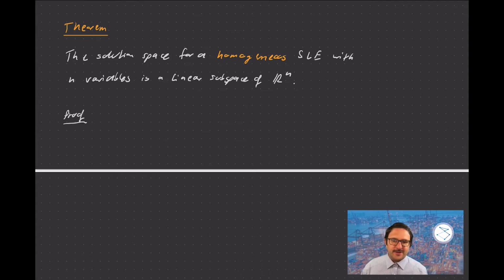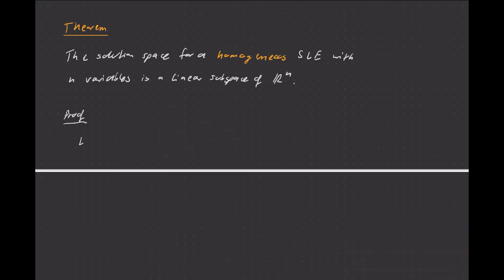And of course, I do hope that this also helps you to apply the notation and the languages of vector spaces in general a little better. So let's start with the homogeneous system of linear equations and let S be its solution space. So homogeneous means the right-hand side is 0, so the system will look like this here.